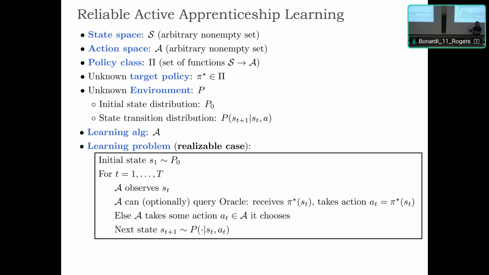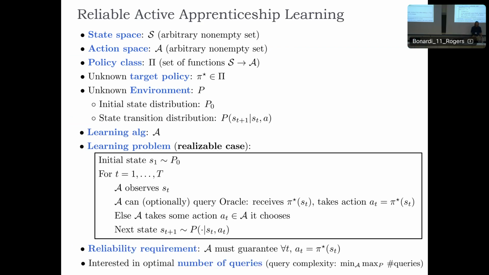Let's say A_t is the action that it takes, so A_t is equal to pi star of S_t in the case it queries. Otherwise, if it chooses not to query, then it can choose whatever action it wants, any action A_t in the set of actions. And in any case, we then get our next state sampled from the state transition distribution, given that we did action A_t in state S_t.